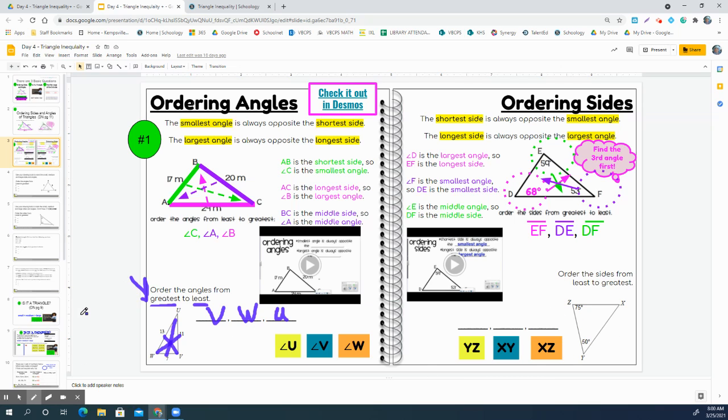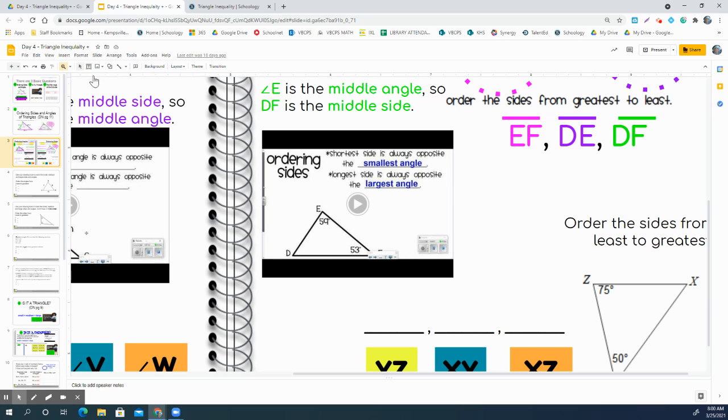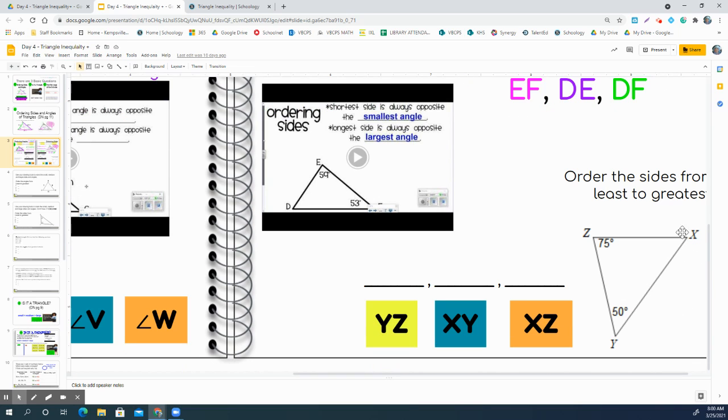Over here on the sides, we're going to do the exact same thing. Let me see if I can tempt fate and zoom in a little bit. So if I've got Z and X, what's missing over here? I'm missing this corner. So guys, don't try to order sides and angles unless you've got 3 angles.